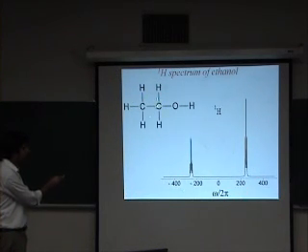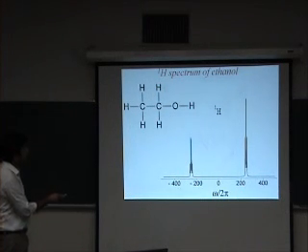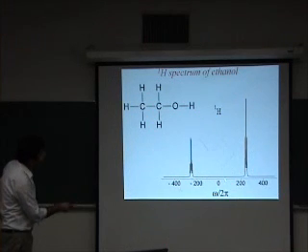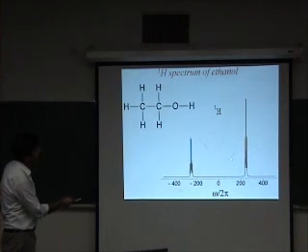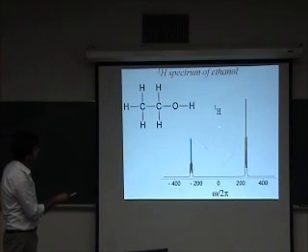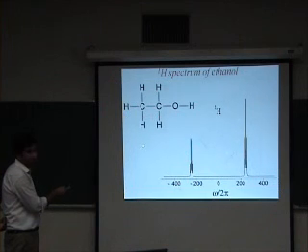So this proton will be coupled to the methylene protons, and since there are 2 methylene protons, you will get a triplet in the ratio of 1 to 2 to 1. And the overall intensity of this multiplet will be 3 over 2 times the intensity of this peak, because there are 3 methyl protons.